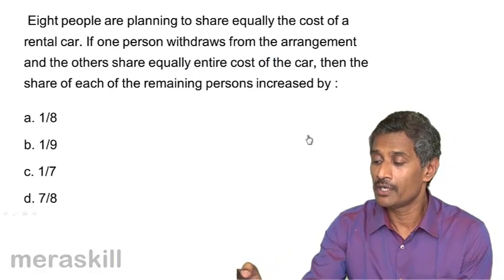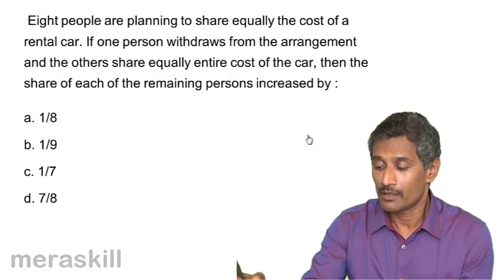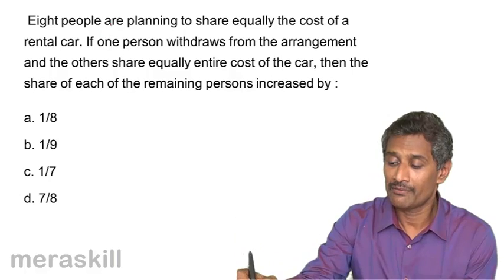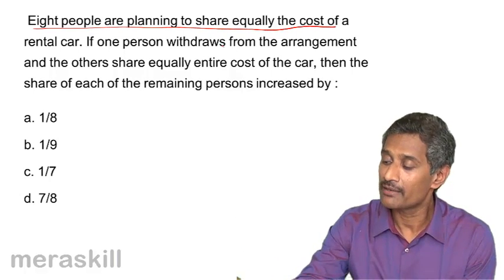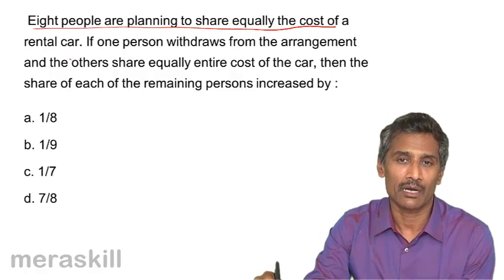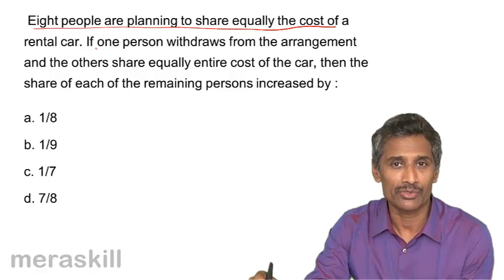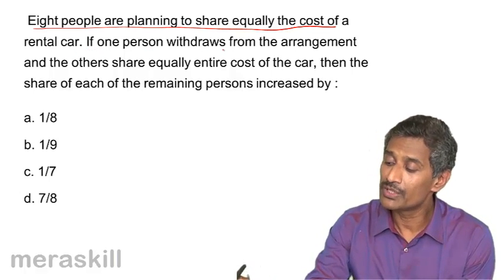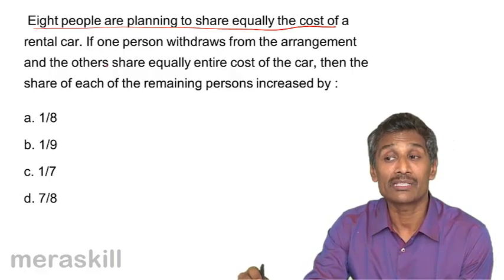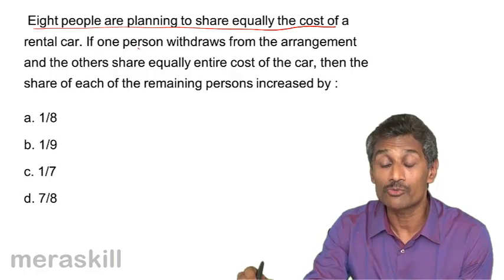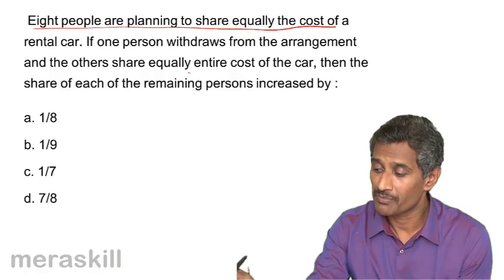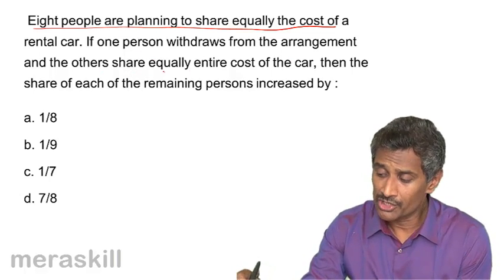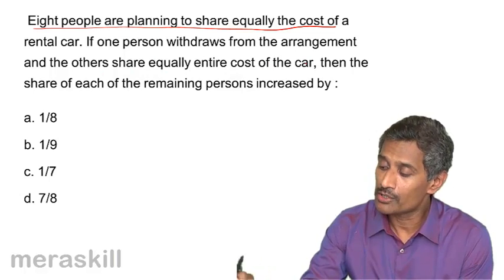Here we have a case wherein 8 people are planning to share equally the cost of a rental car. It could be anything, maybe 8,000 rupees. If one person withdraws from the arrangement, the same cost is now shared by 7 people, and the others share equally the entire cost of the car.